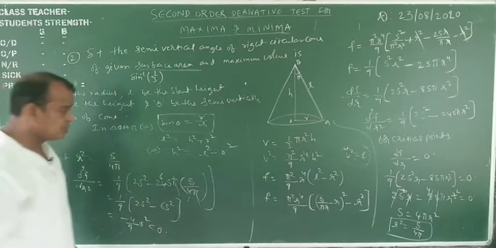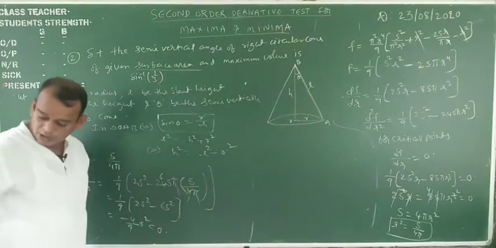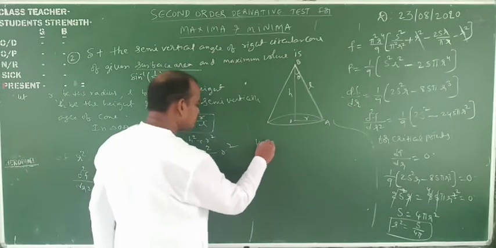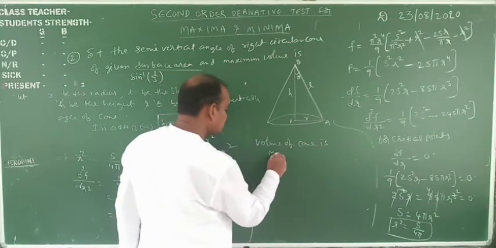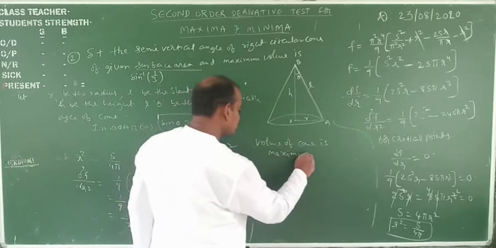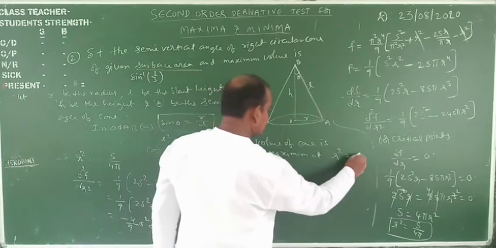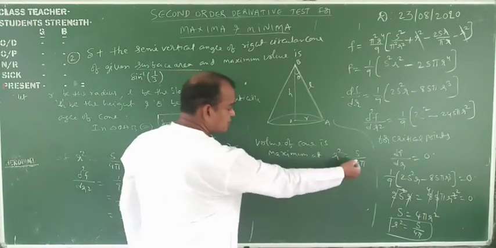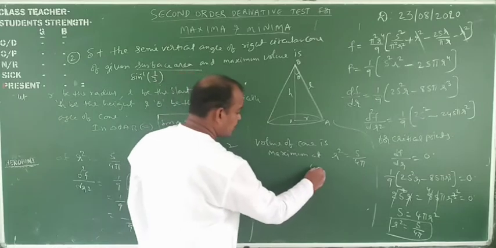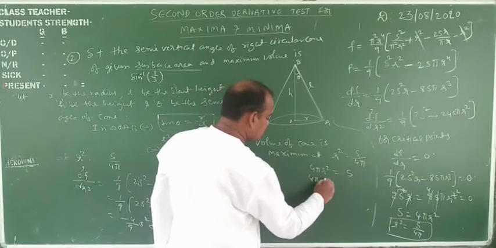Okay, my dear students. Now continuation. Volume of the cone is maximum at r square is equal to s by 4 pi. Now calculation part. r square equal to s by 4 pi. Now 4 pi r square is equal, cross multiplication, that equal s.